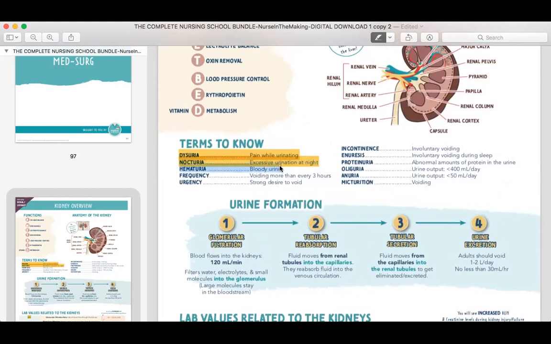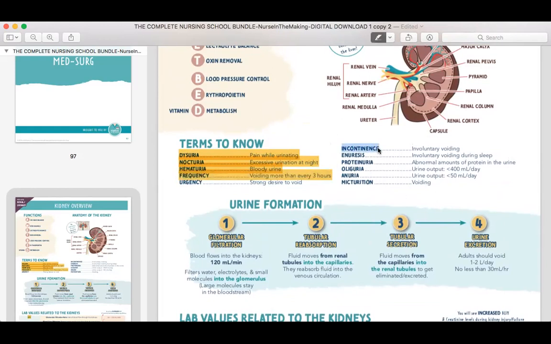Hematuria is also important to know because patients that have UTIs do have some blood in their urine. Urinary frequency is also important to know for patients that have UTIs, they're constantly going, and BPH patients as well.